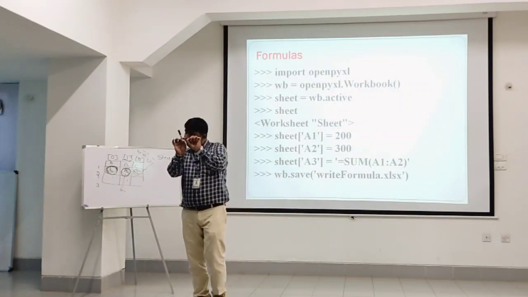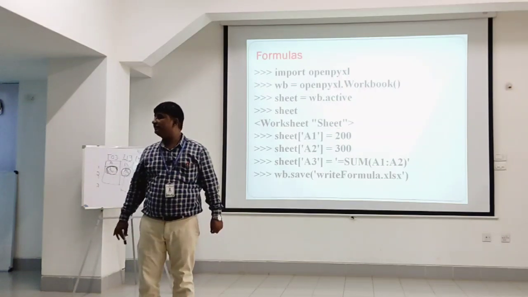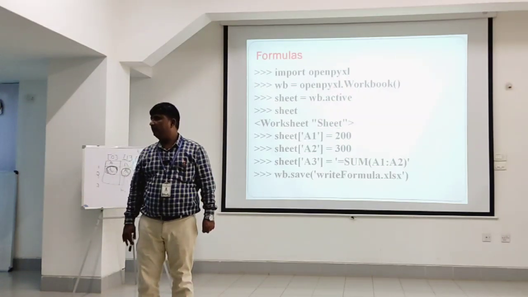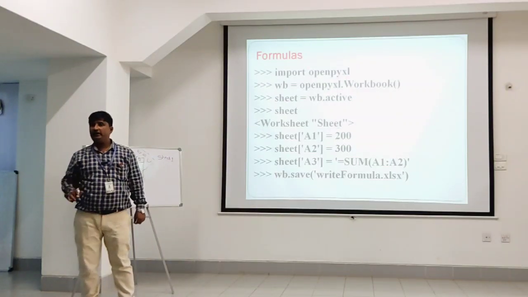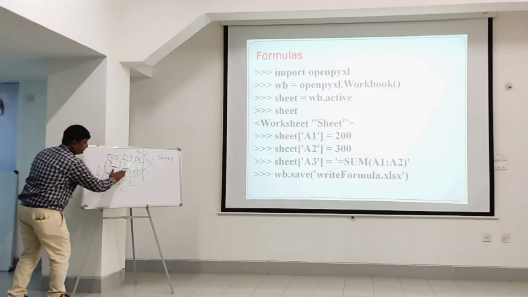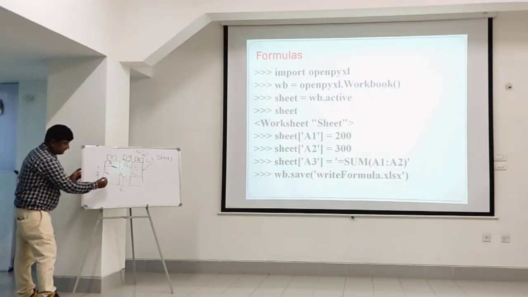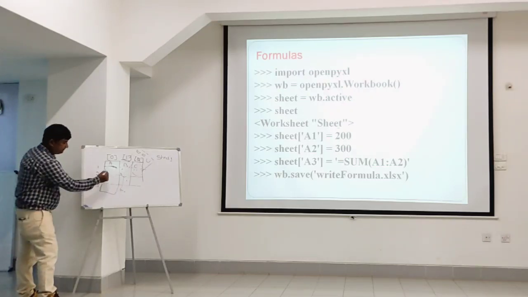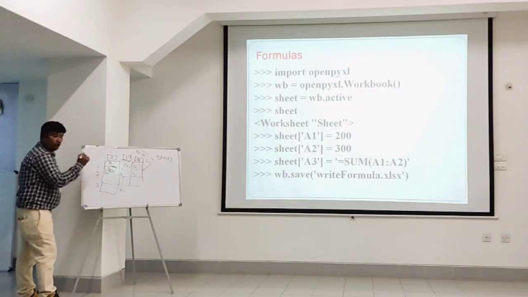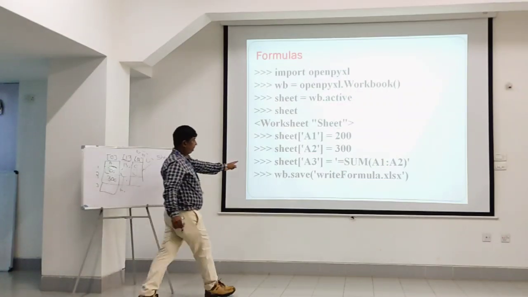If you run this code, the A1 cell holds 200. Next, sheet of A2 holds 300. This is the A1 cell, this is the A2 cell, this is my A3. A1 holds 200, A2 holds 300. Correct?